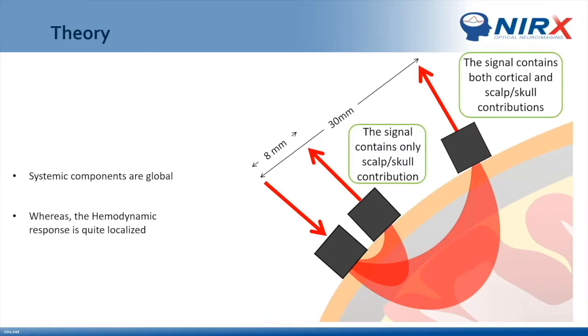But if we place a detector much closer to the source, that is, if we reduce the distance between a source and detector significantly, the signal we measure will contain just extracerebral contribution. Once we have that, we can then regress this extracerebral signal from our standard channel signal to get a fair estimate of the hemodynamic response function.